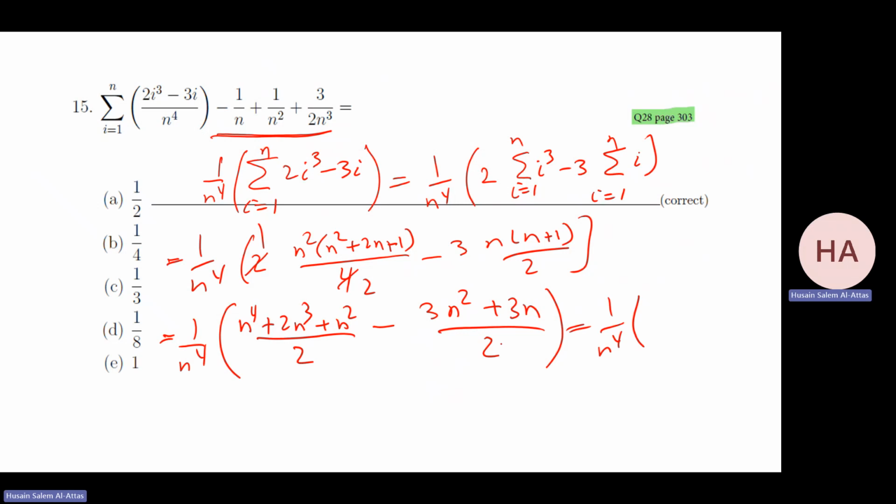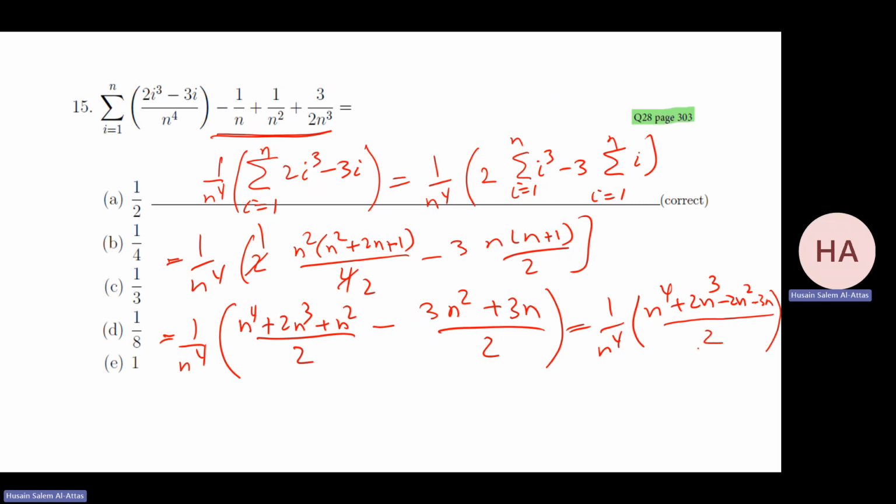What do you have? n to the power 4 plus 2n cubed, then n squared minus 3n squared gives minus 2n squared, minus 3n, over 2. So that will be what?